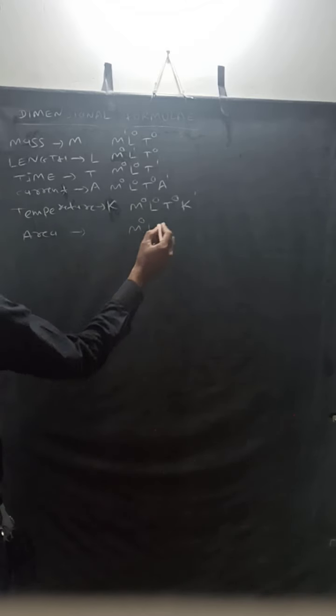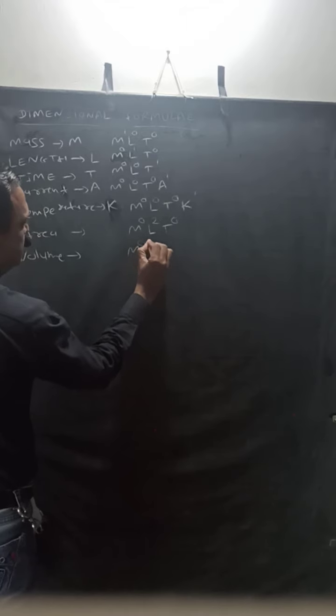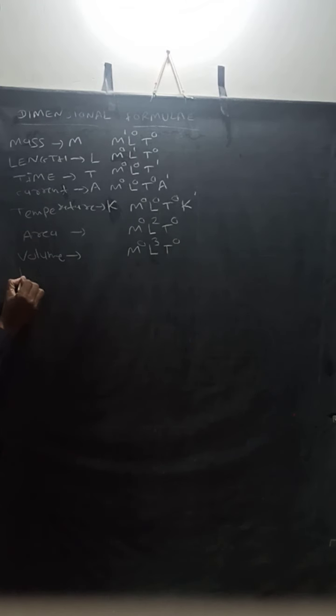M0 L2 T0. Then after volume. Volume has a length cube: length, breadth, height, whatever. So M0 L3 T0. Then after density.